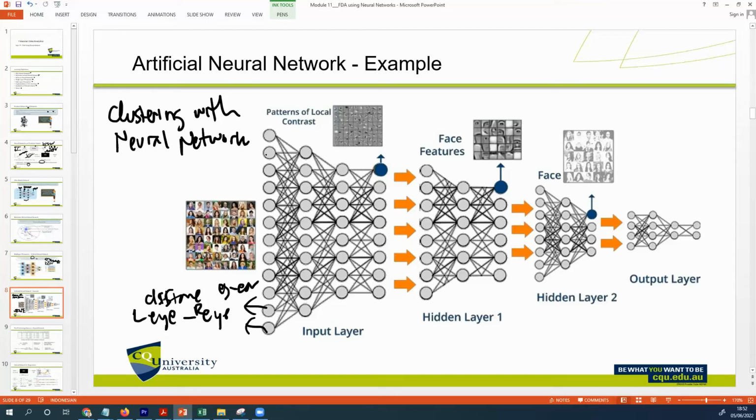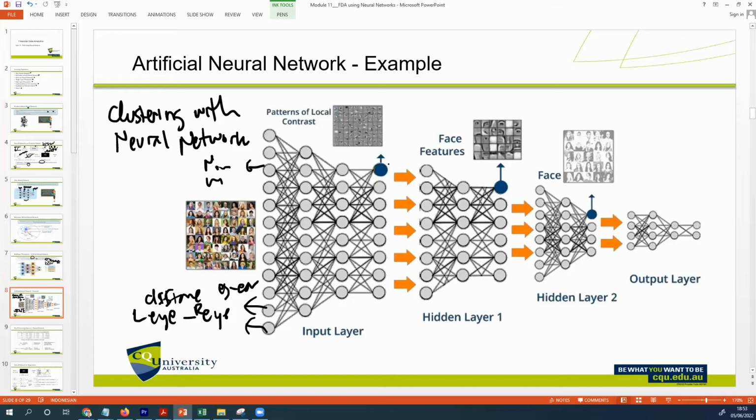What is the distance from nose to mouth? So the input will be the distances, and then the output will be the faces with the highest score.